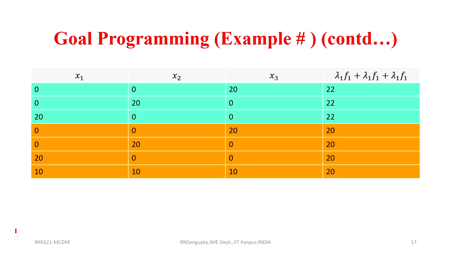Finally, lambda 1 into f1, lambda 2 into f2, lambda 3 into f3. The values are 22 and 20 for the objective function, and the decision variables continue to be 0, 20, 0; 0, 0, 20; and so on.